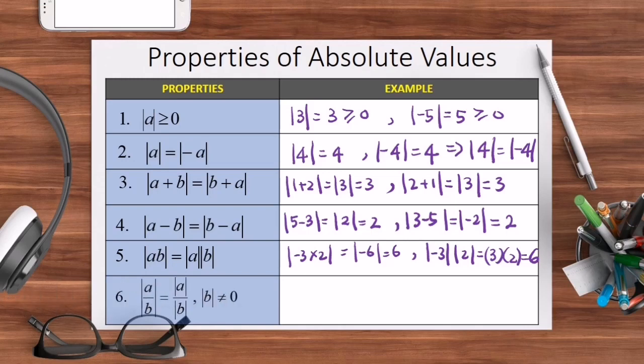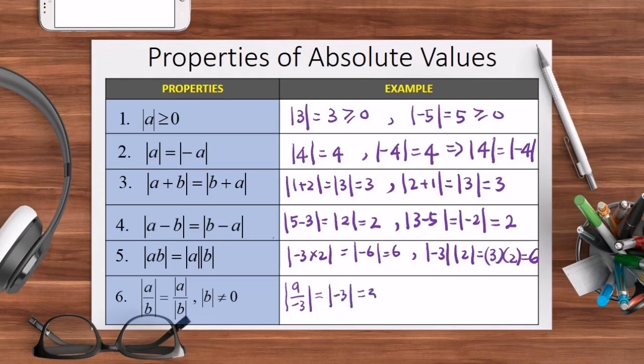The last one, absolute value A over B is equal to absolute value of A divided by absolute value of B, with condition absolute value of B does not equal 0. So, the denominator cannot be 0. For example, let's say we have absolute value of 9 divided by negative 3. This is actually absolute value of negative 3.